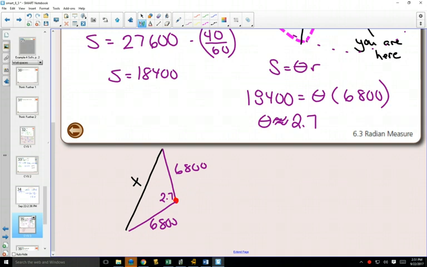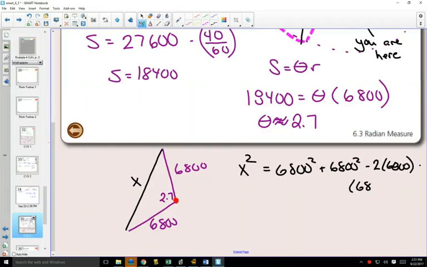So a reminder of what the cosine law is. Whatever side you're finding, in this case it's x, that will be on the left side of your equation. x squared will equal the other side squared plus the other side squared minus 2 times those other sides, cos of 2.7.